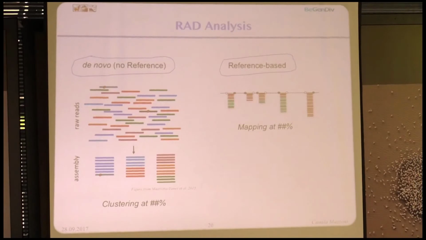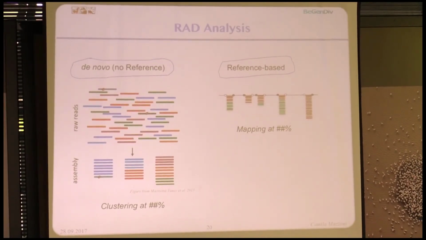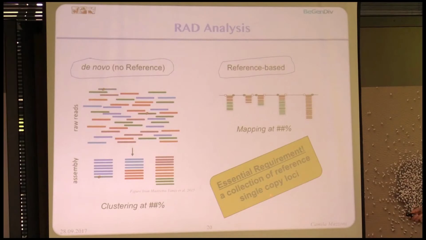And the other is reference-based, which is much easier. You have a genome, you map everything with a predefined threshold, and then you just call your genotype. You call SNPs in all these positions. But for that, you have to trust the genome. The essential requirement here is that you have a collection of reference single copy loci. So if you have loci that are repeated in the genome, your reads are going to go sort of randomly to one or the other.